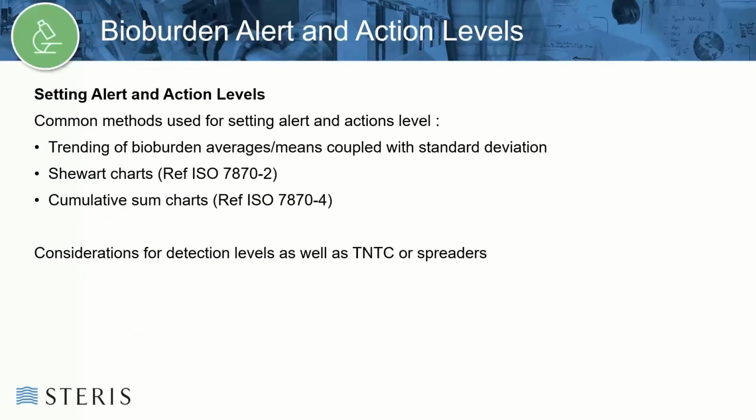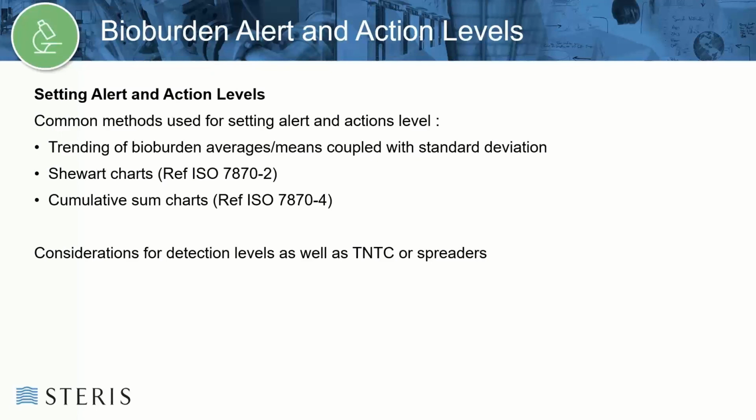Common methods are used for setting alert and action levels. Trending of bioburden averages or means, coupled with standard deviations, maybe 1 to 2 standard deviations for an alert level and 2 to 3 standard deviations for an action level.